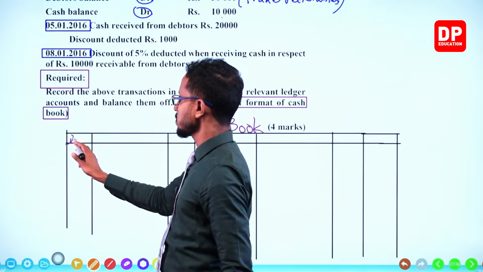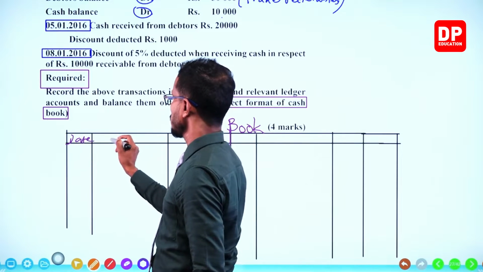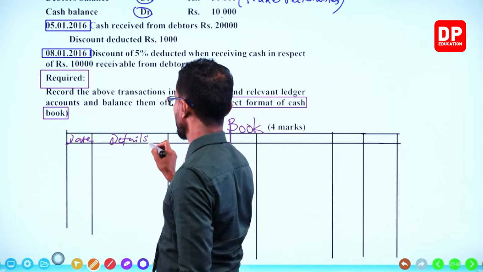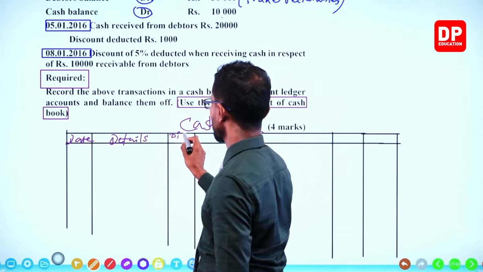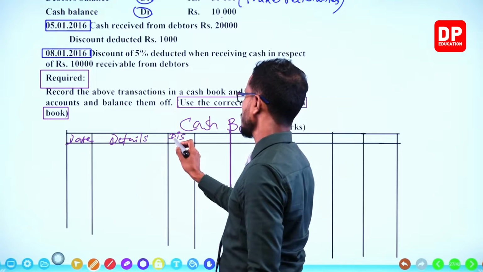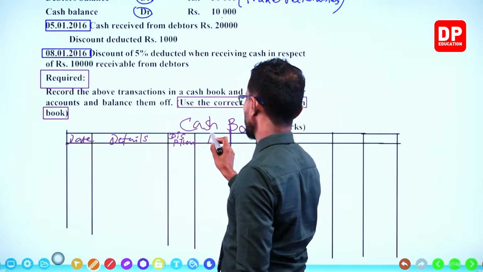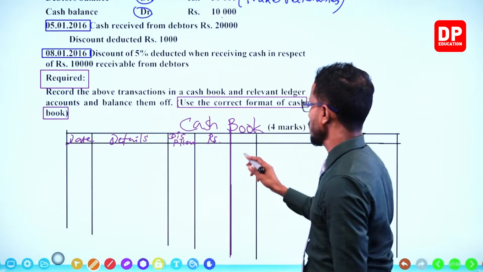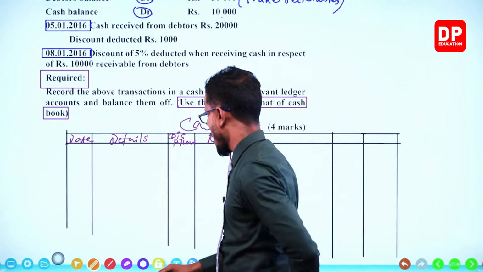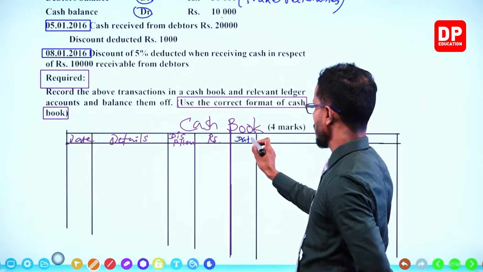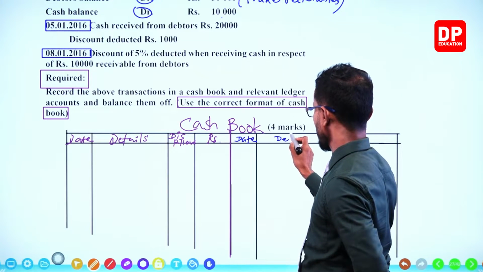Name the columns. Discount allowed, rupees, date, details.